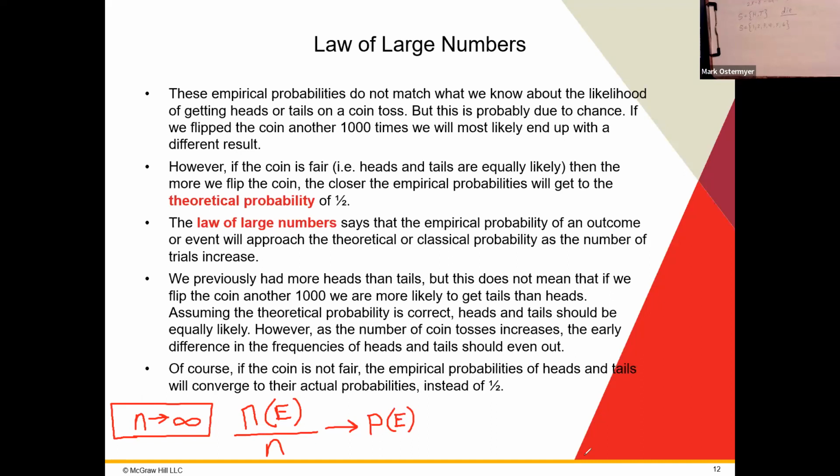So the bottom line is this: if you know your coin is weighted or unfair or biased, then the probability of tossing a head or a tail can only be determined if you toss that coin many times. Because then your relative frequency of occurrence of tossing heads or tails is going to actually approach the true probability of tossing a head or a tail. That's called the law of large numbers.